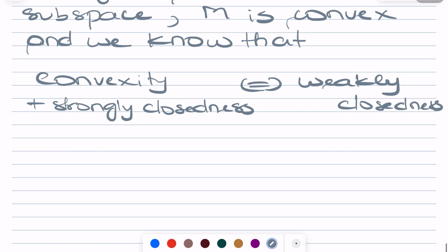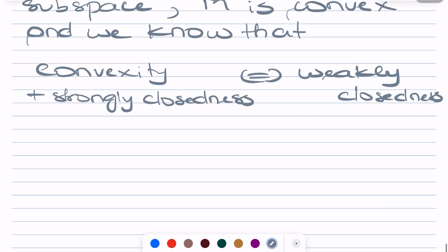So this is basically the proof idea why M is closed in the weak topology.